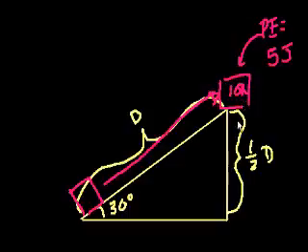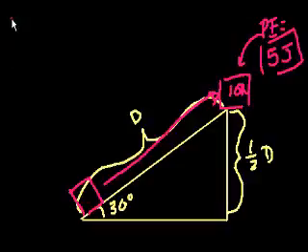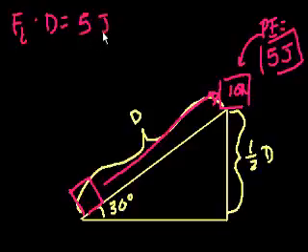So we know that we would have had to put that much work in to get the box up to this point. So what is the force that we had to apply? Well, that input force times this distance has to equal the work.